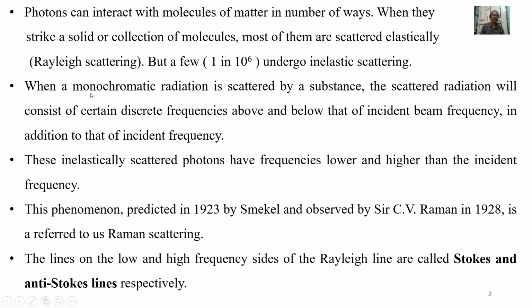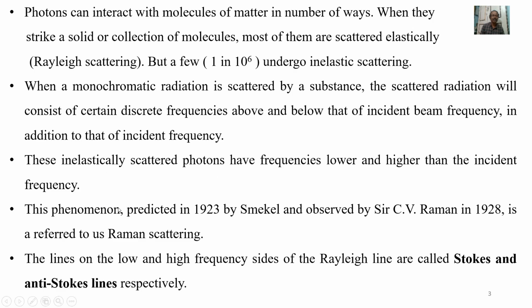When a monochromatic radiation is scattered by a substance, the scattered radiation will consist of certain discrete frequencies above and below that of the incident beam frequency, in addition to that of the incident frequency. These inelastically scattered photons have frequencies lower and higher than the incident frequency.